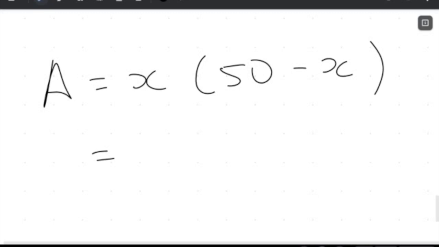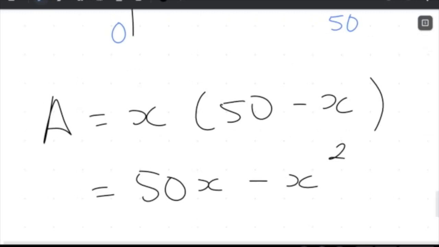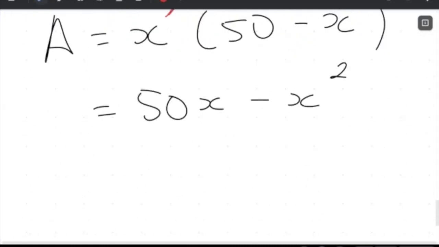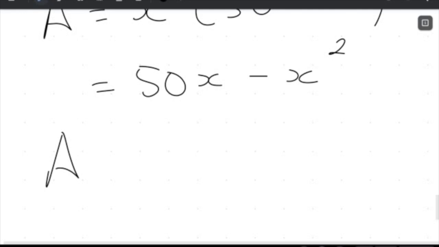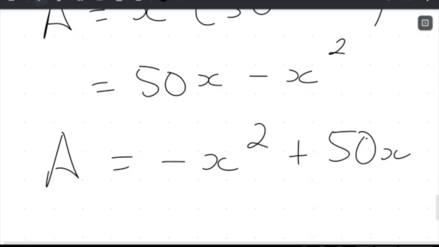So this is like saying 50x minus x squared when I go through and actually expand, so when my outside term multiplies with both my inside terms. So I can write this as A equals 50x minus x squared, or in the general form of our quadratic equations, I'm going to do my x squared first.